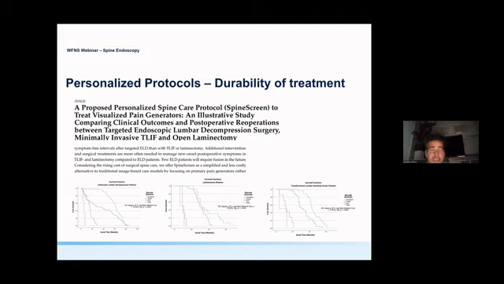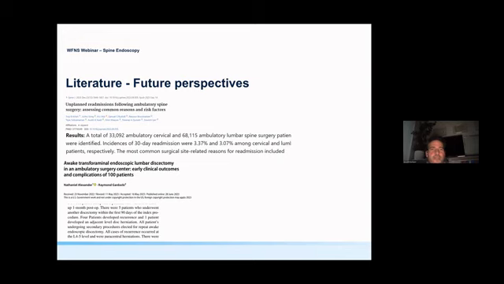They often need another surgery the longer the follow-up goes, but the curve, as you can see here, does not go down as deep as compared to the open laminectomy group. But this has to be assessed further in the future.